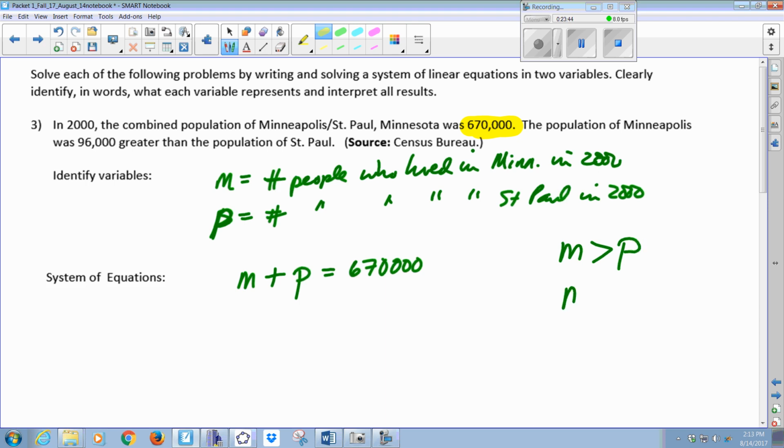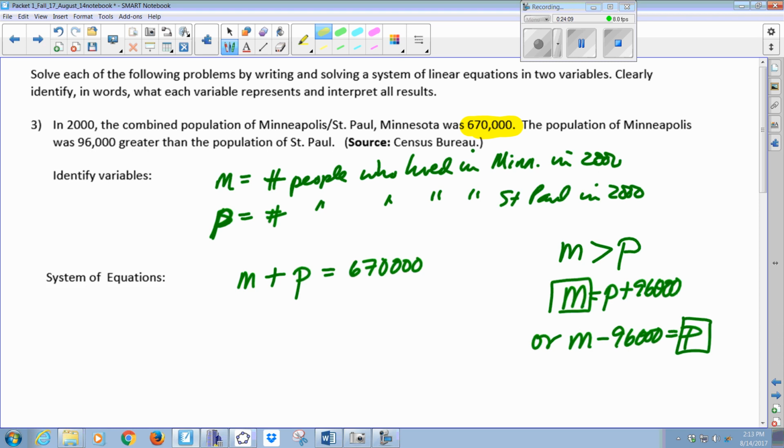Well, one way I could do it is to say M equals P plus 96,000. Or I could say M minus 96,000 is equal to P. In the first equation, I have solved for M in terms of P. In the second equation, I have solved for P in terms of M.